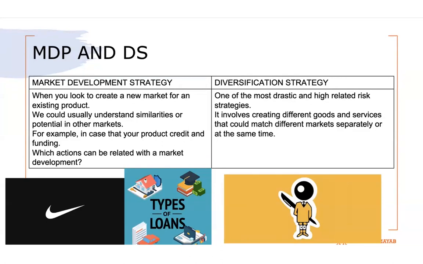And we also have diversification, which, as I mentioned, is not the most dangerous, but maybe involves more risk, because you're changing everything: the customer, in this case the market, but also the product. The most common example of diversification is Bic.